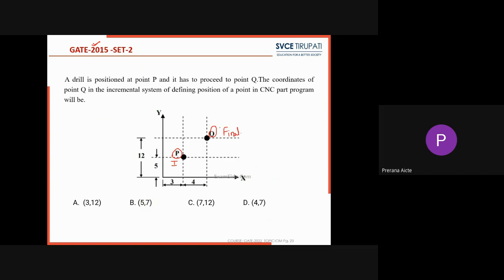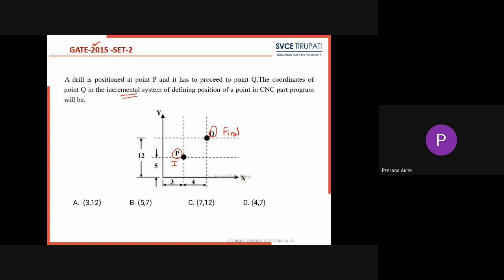Okay, the coordinates of Q in the incremental system. What are the coordinates of Q in the incremental system of defining the position of a point in CNC part programming? So here they are asking what is the position of point Q. What is an incremental coordinate system? Each point takes the previous point as its reference.